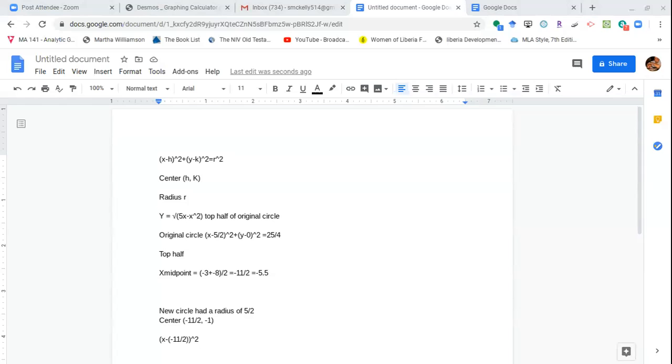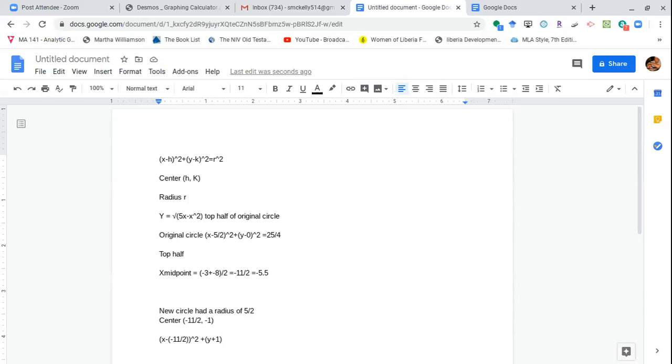Now, so that's your 11 halves. Now the 1 comes from the y, so this is the same thing. This is y plus 1, okay? It's on the same line as 1, but it's negative 11 halves and negative 1.